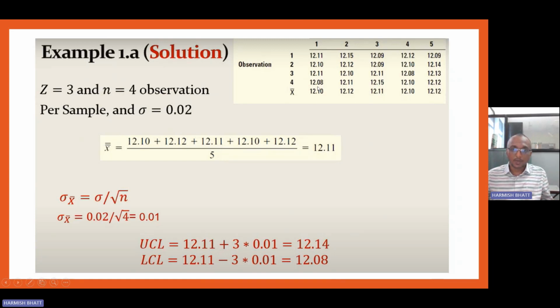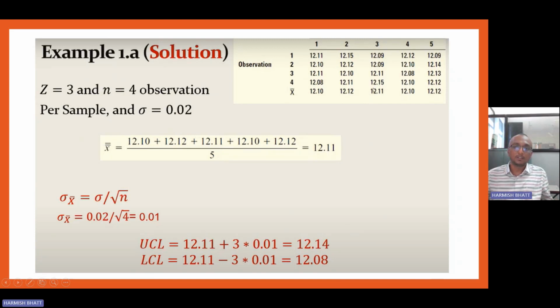So the first X bar point, X bar 1, that is 12.10, lies between 12.08 and 12.14. It means it lies between LCL and UCL. Then let us check for X bar 2, that is 12.12, which is again falling between 12.08 and 12.14.